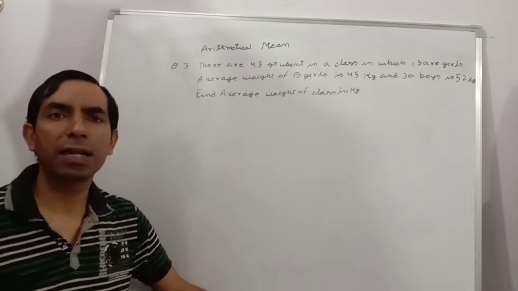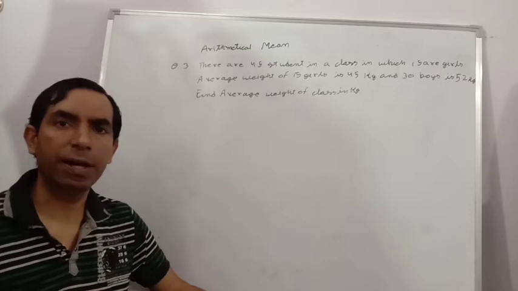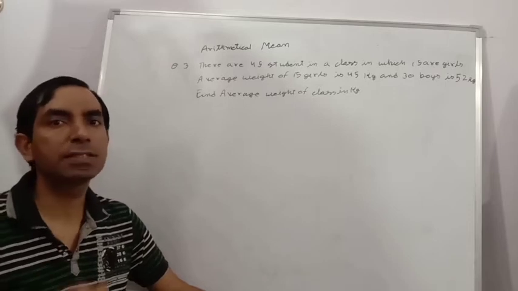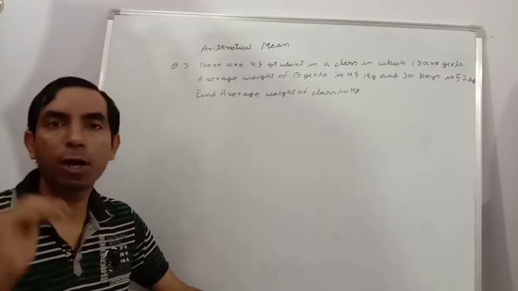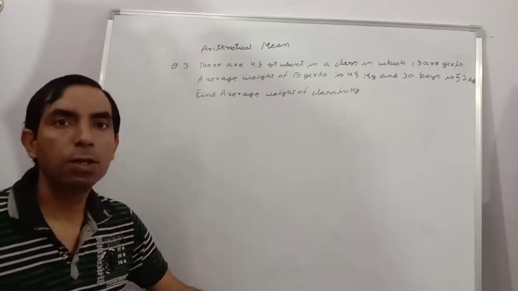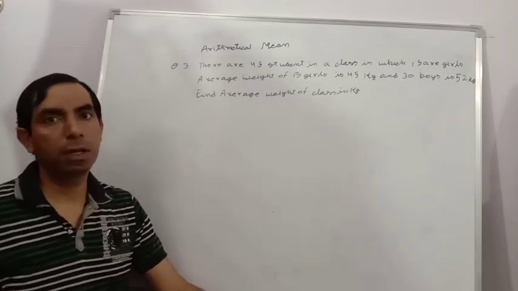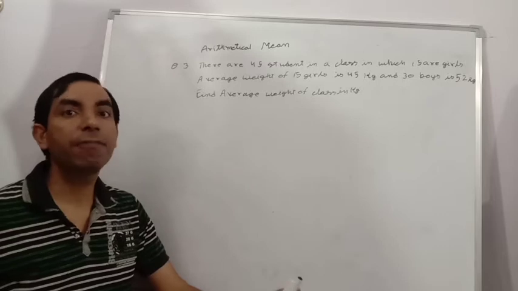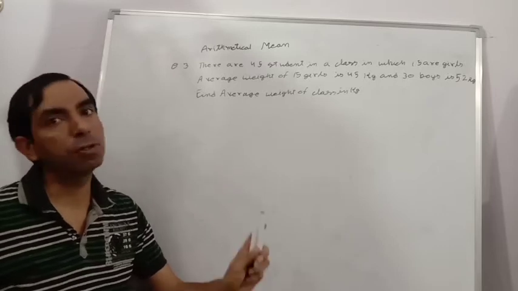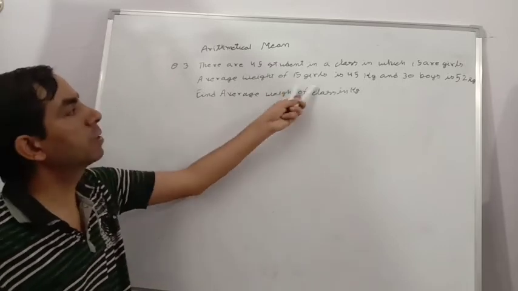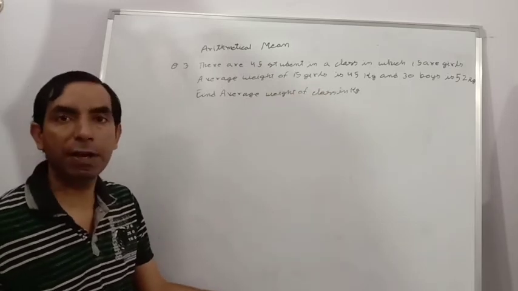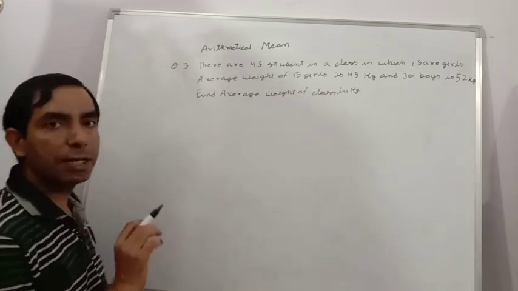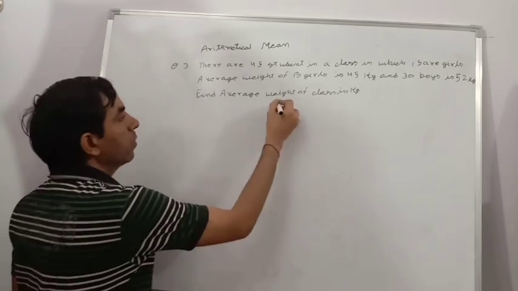So we have to find the sum of all students, and the number of students is given, 45. For finding it, always remember that if we are given the arithmetical mean, then use the formula. Here we have been given the arithmetical mean of 15 girls is 45 kg. Means the average weight is given, that is also the mean. So first we take the mean.